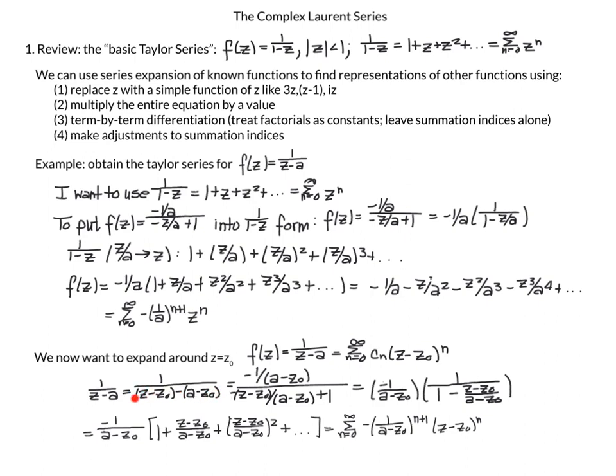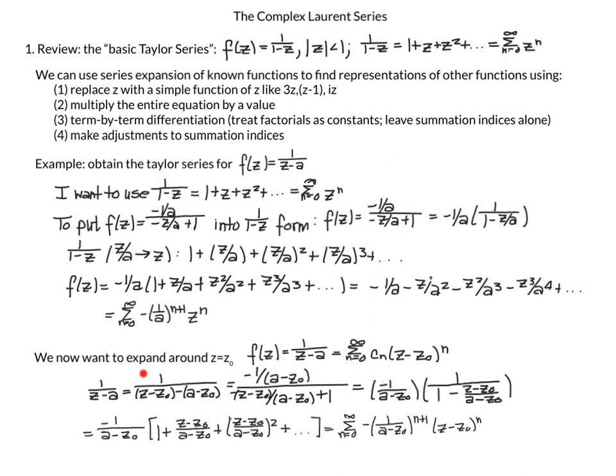And now if I look at this and compare it to my Taylor series, which is up here, I have my 1 on top. That's great. I have a simple function of z. This is just z minus some constant z naught. But again, instead of the 1 in the denominator, I have a constant a minus z naught.